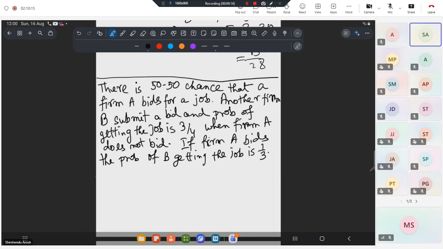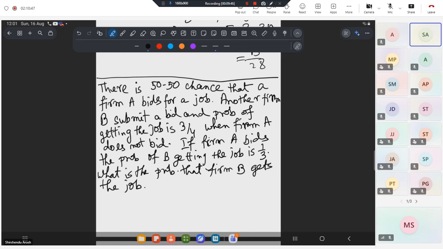Then what is the probability that firm B will get the job? So first, there is a 50-50 chance that firm A will bid or not.